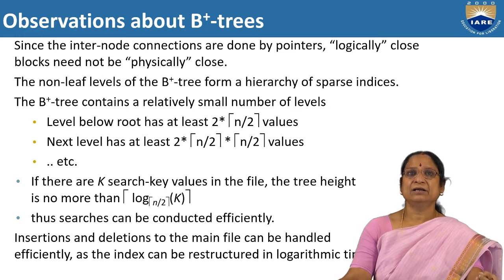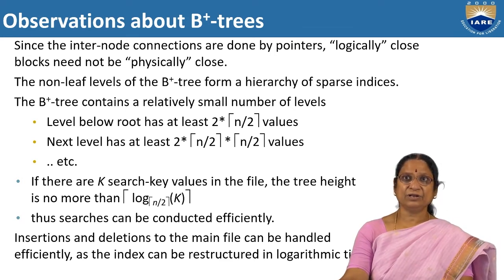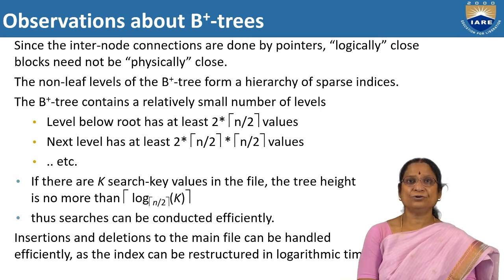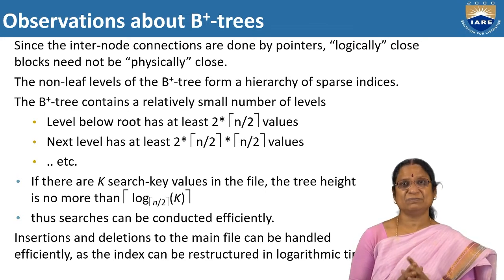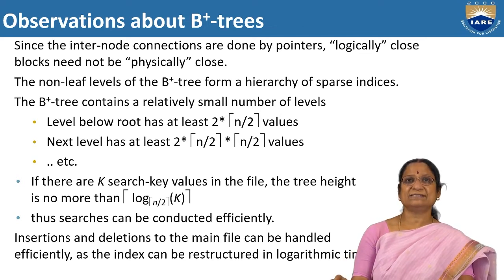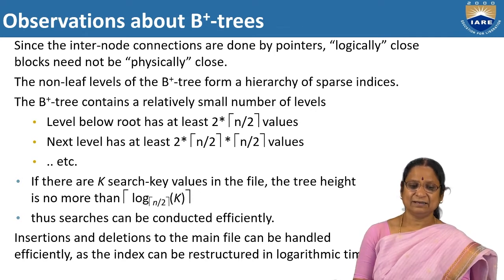So what are the observations related to the B plus tree? Inner node connections are done by pointers, so logically close blocks need not be physically close. All need not be stored in a single contiguous memory block. We can store them at various locations, because anyway pointers are there, no? Those are addresses.